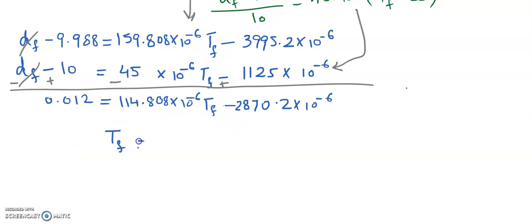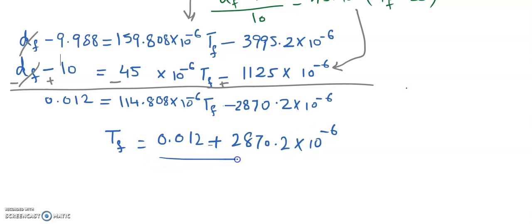TF will be equal to 0.012 plus 2870.2 into 10 to the power minus 6 divided by 114.808 into 10 to the power minus 6.